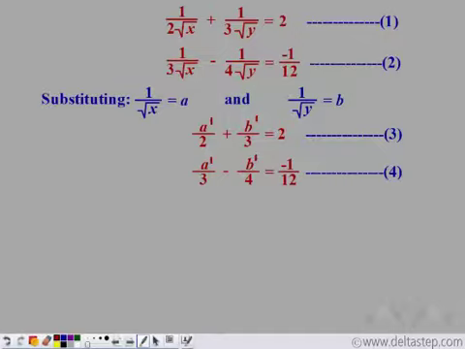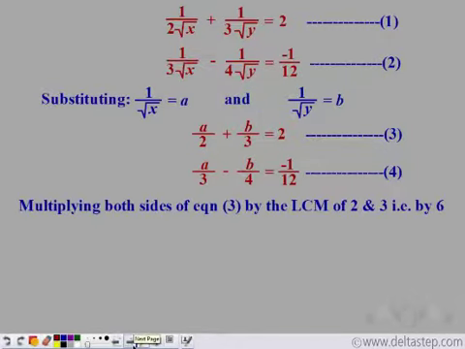First of all, we try and get rid of the fractions. So in equation 3, we see that we have 2 and 3 in the denominator in the left hand side. So we take the LCM of 2 and 3. The LCM of 2 and 3 will be 6. So we multiply this equation by the LCM of 2 and 3.